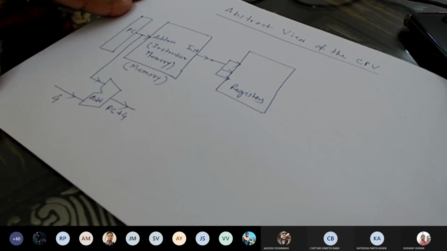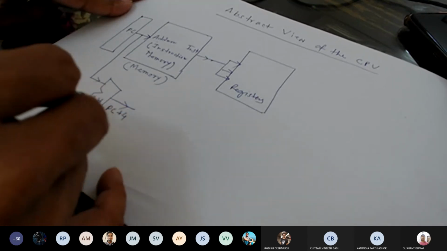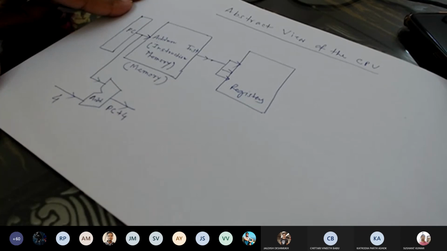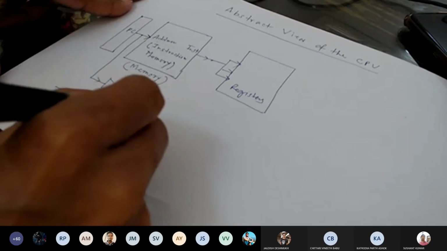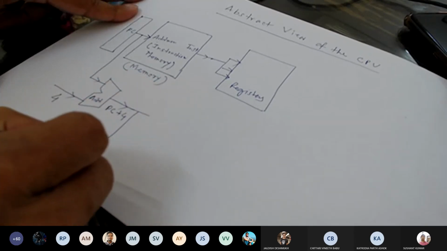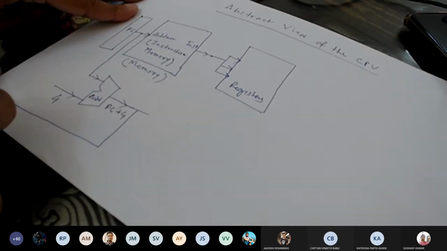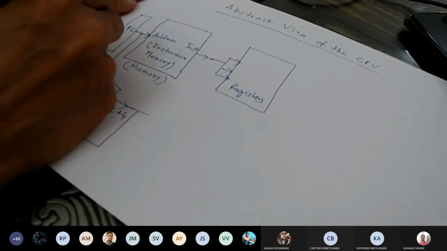Now, I also say sometimes I need to change this PC equals PC plus 4. So obviously one option will be that PC equals PC plus 4 will be fed back and it will go to this.